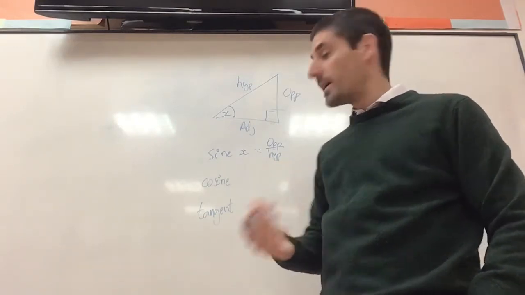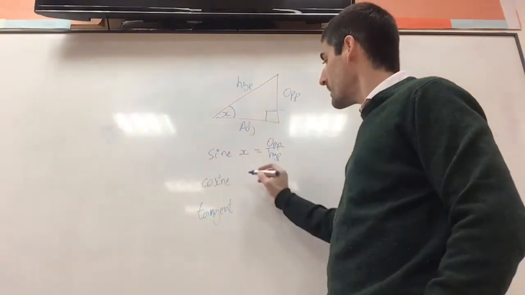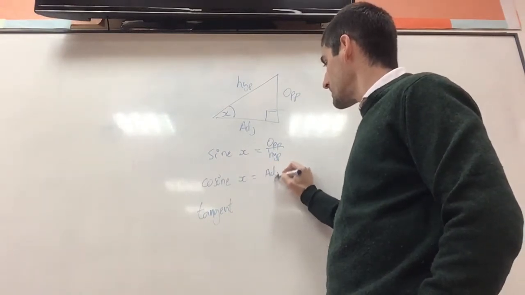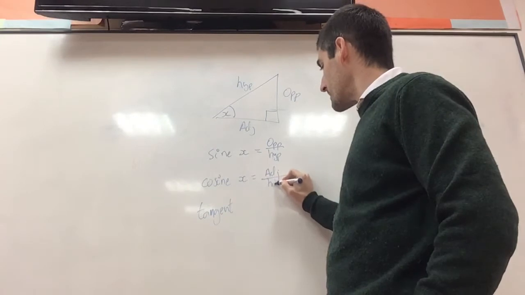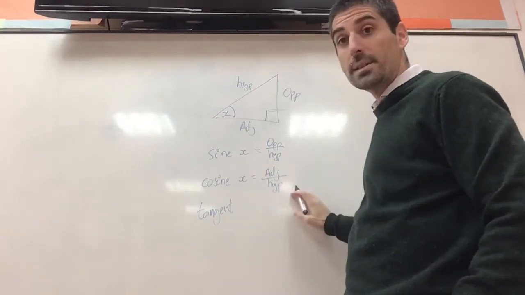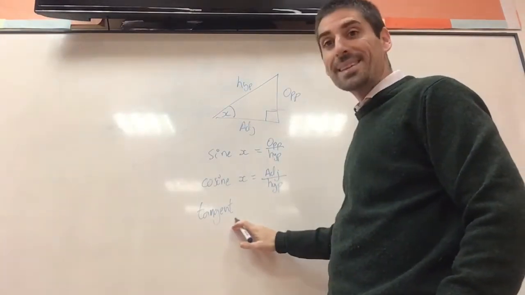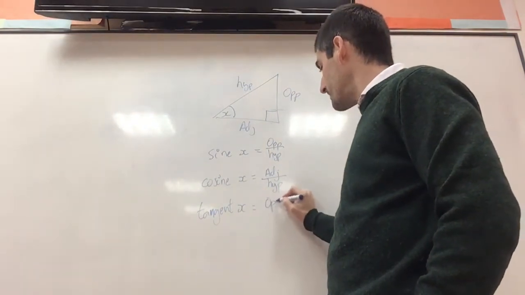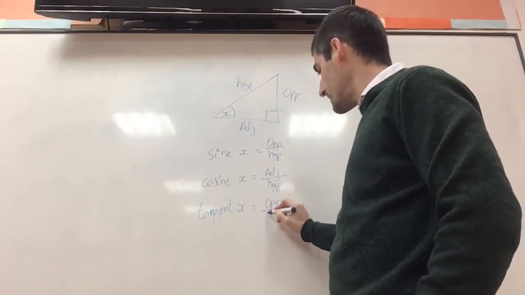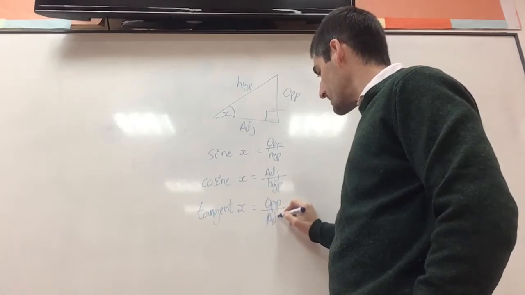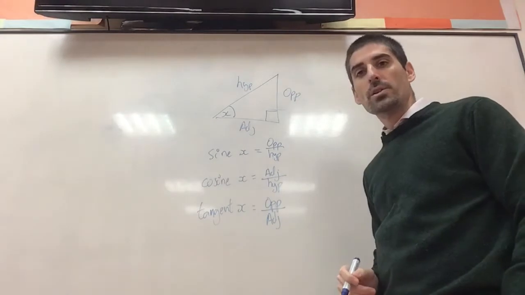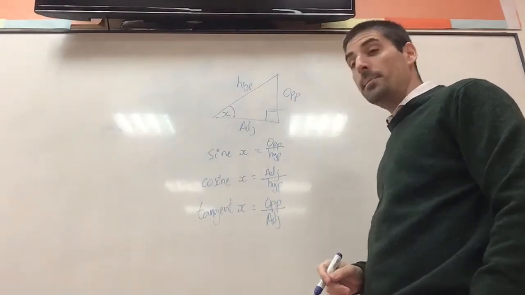Every angle has got three properties. The cosine of X is the adjacent divided by the hypotenuse. And you need to learn this. These are not given to you in the exam. And the tangent of X is the opposite divided by the adjacent. Okay, these three ratios you need to learn.